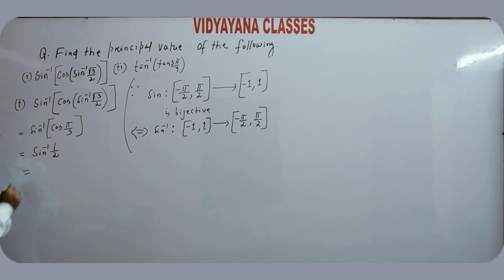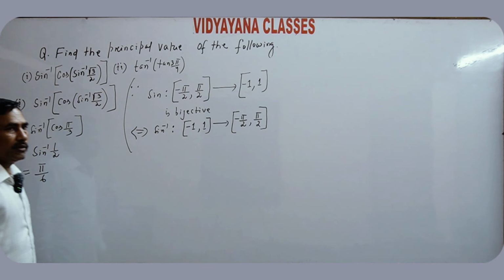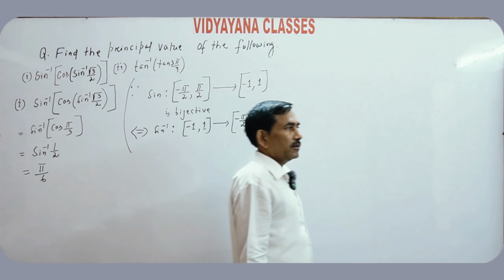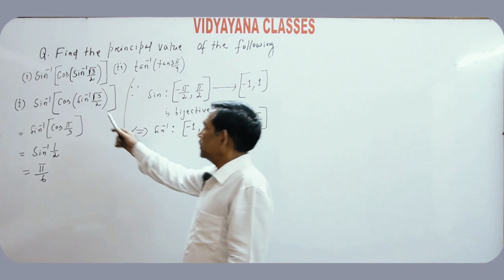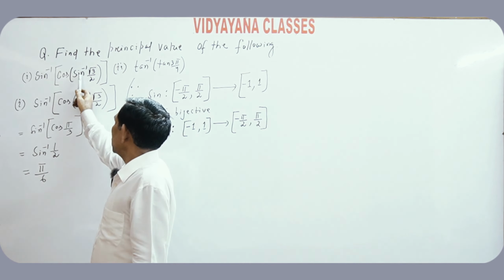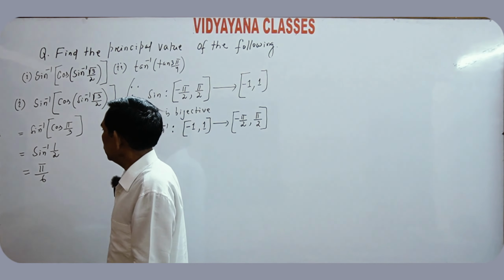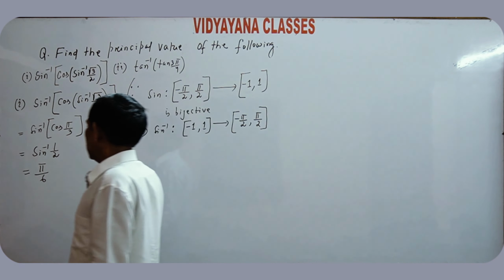It represents pi by 6, that means 30 degree. So the principal value of sin inverse cos sin inverse root 3 by 2 is pi by 6. That is the answer.